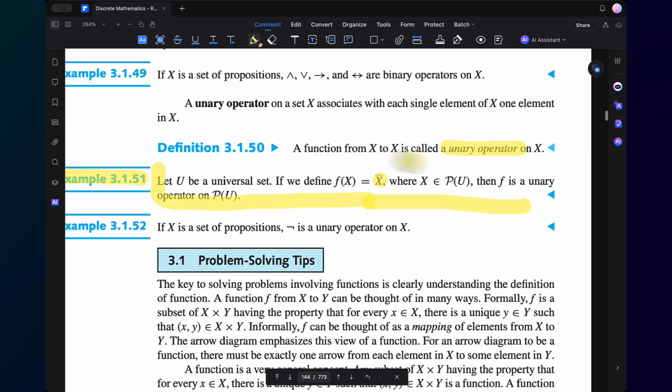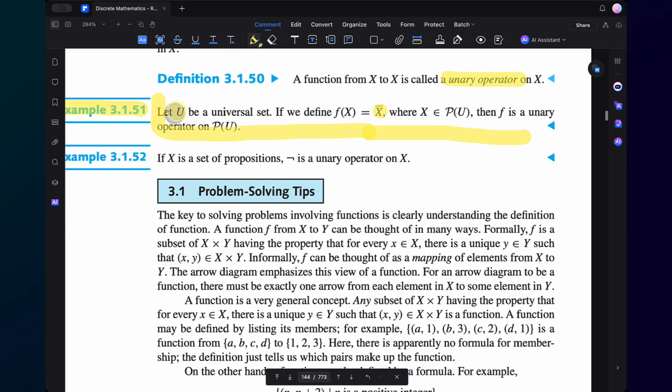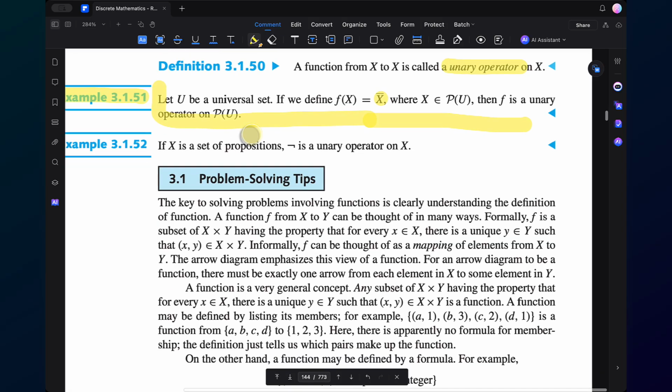Here's a good example. Let U be a universal set. If we define f(x) equals the complement of x, where x is in the power set of U, then f is a unary operator on the power set of U.